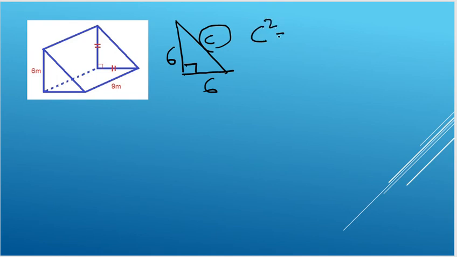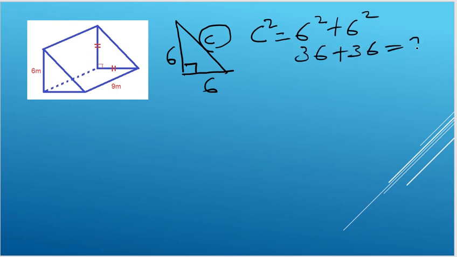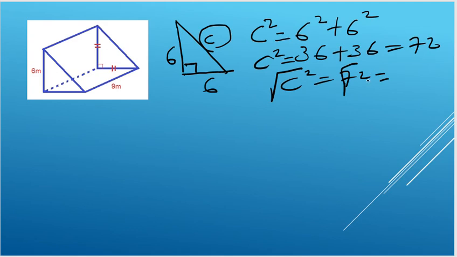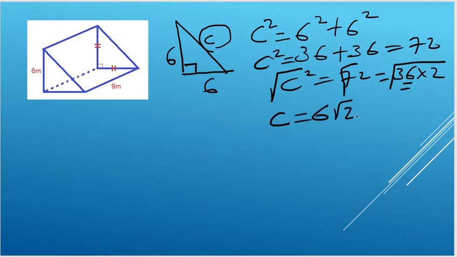It says the hypotenuse square is equal to the sum of the squares of the two legs. So 36 plus 36 will be 72. This is c square. We haven't finished yet. So c square is equal to 72, and we can put both sides in the square root. 72 is 36 times 2. The square root of 36 is 6, you know that. So c is equal to 6 radical 2. We have got the hypotenuse.